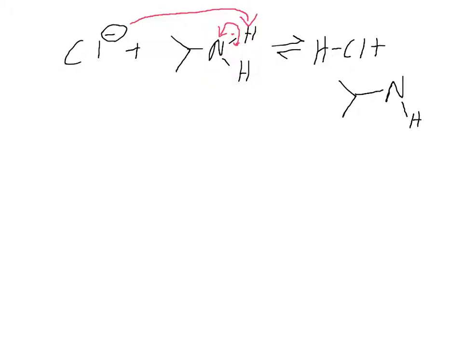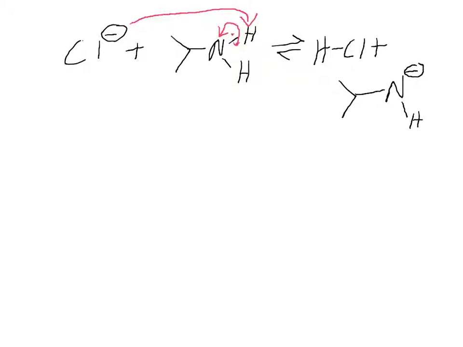Here's a negative and here's neutral, right? So overall, what was the whole charge on this side? -1. So what's it have to be over here then? Has to be -1 still. You can't lose charge. Who got the electrons? This nitrogen did. See these 2 electrons here are leaving and going to the nitrogen. And so nitrogen got more electrons.